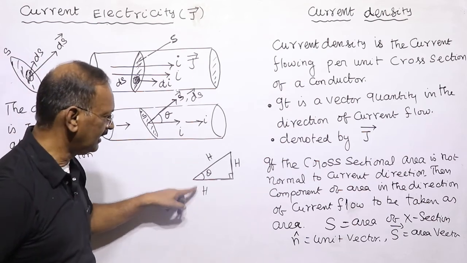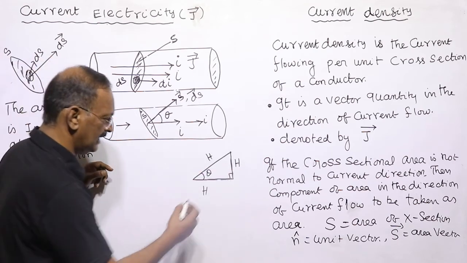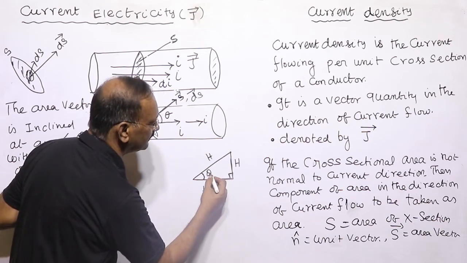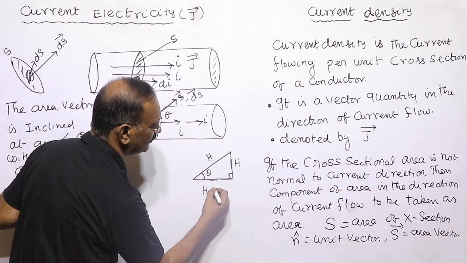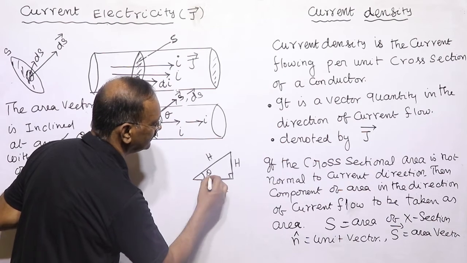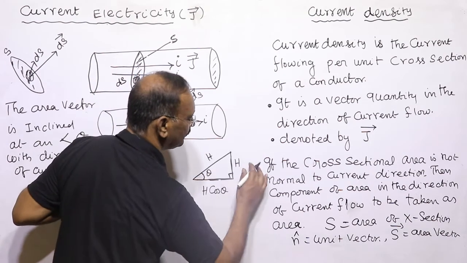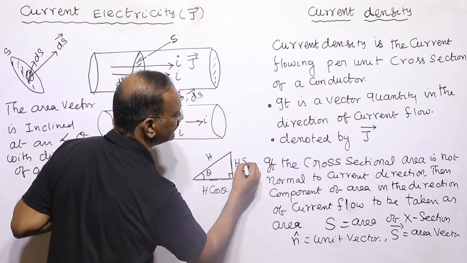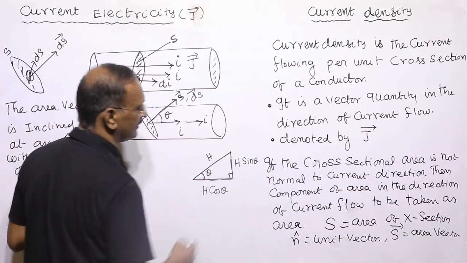We write hypotenuse here. The side nearer to theta will be cos theta. The side far away from the angle will be sine theta. This we have already seen.